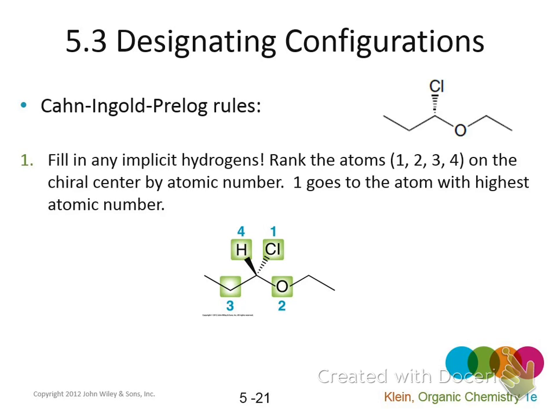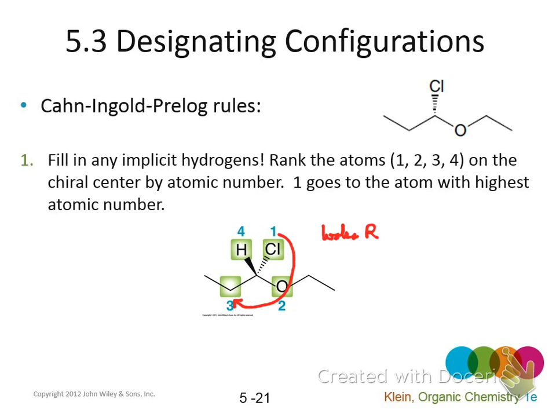So again, we assign priorities based on atomic numbers. So this is 1, 2, 3, and 4. So which way do the numbers rotate? Clockwise, right? So going from 1 like this. Okay, so it looks like it's R, but hydrogen's in the front.